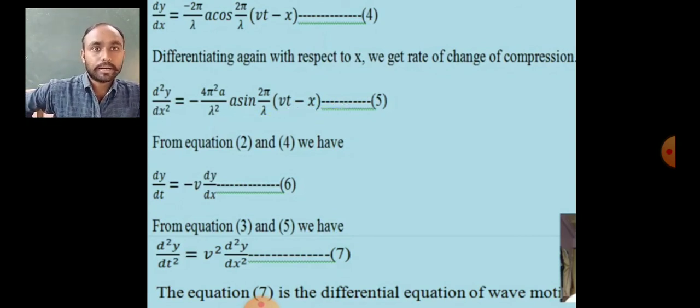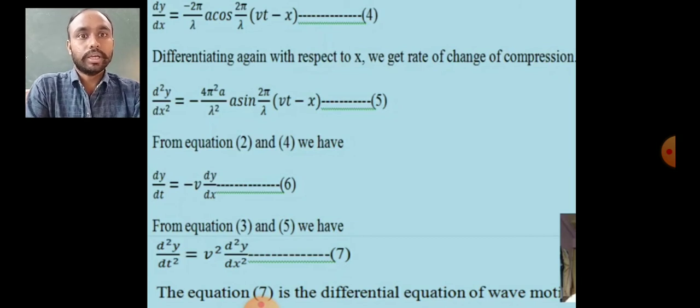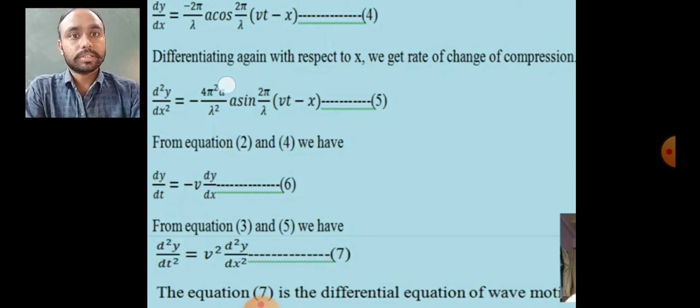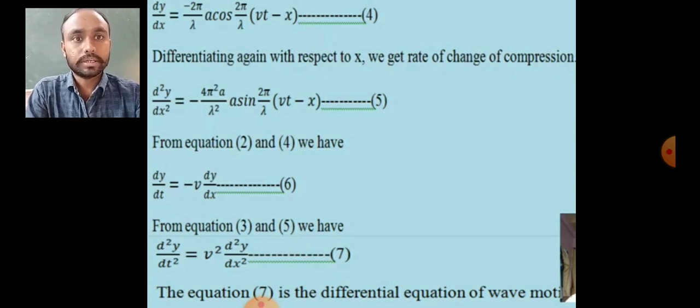And 2 pi by lambda, already here it was 2 pi by lambda, and from this again 2 pi by lambda. So 2 into 2 is 4 pi square, lambda into lambda is lambda square, right, and a was already there. So a stays as it is. By mistake the a comes twice here, so only write one a, because a was already constant. Keep that in mind. So this is equation 5.